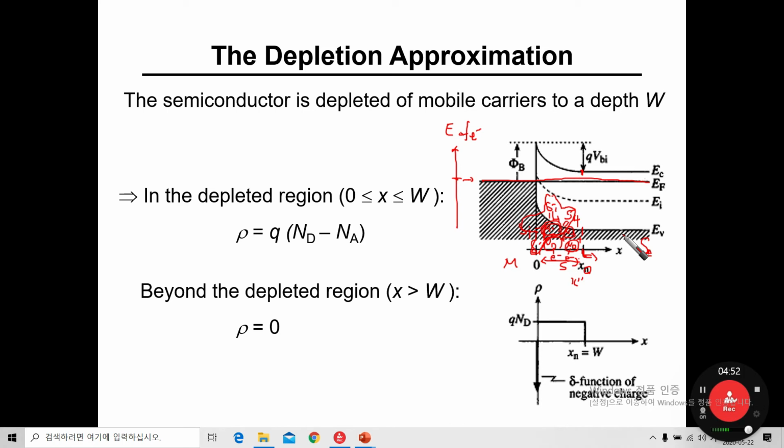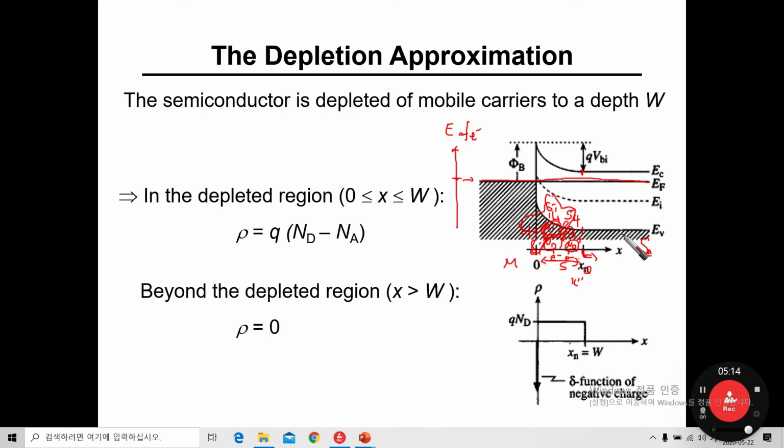So at thermal equilibrium, or at room temperature, 300 Kelvin, the binding energy between the fifth outermost electron and the donor atom becomes loose, so that the fifth electron can be freed out.